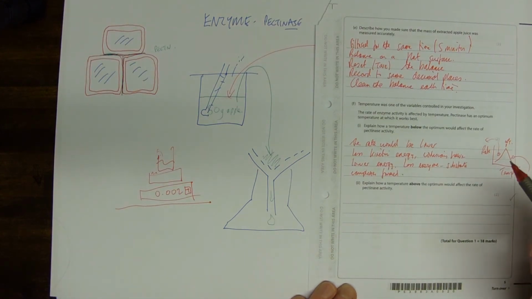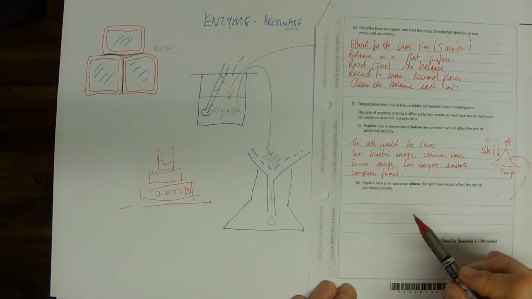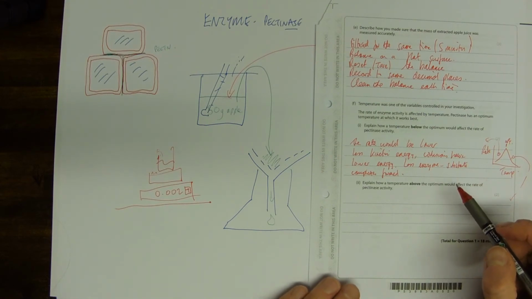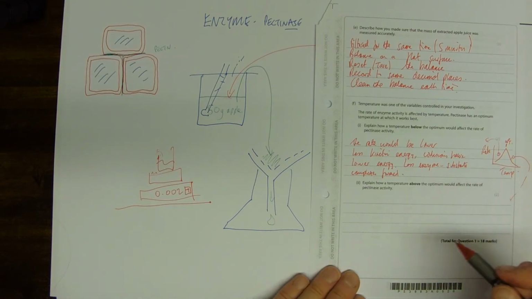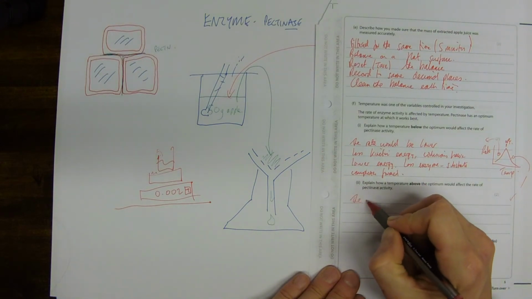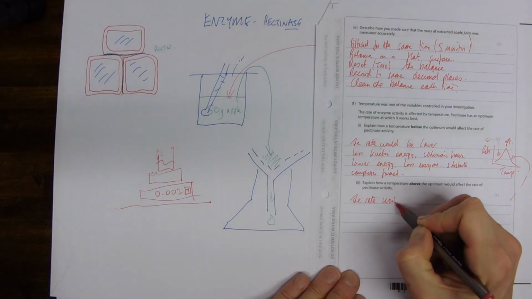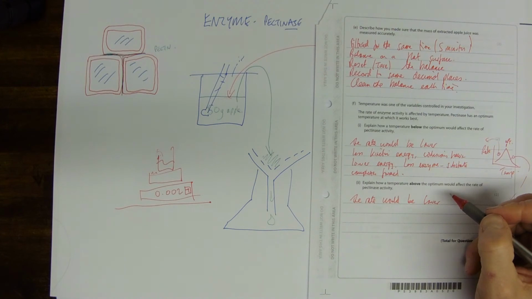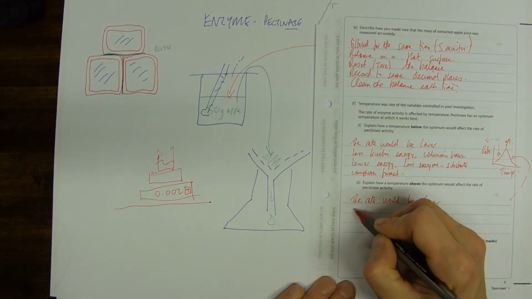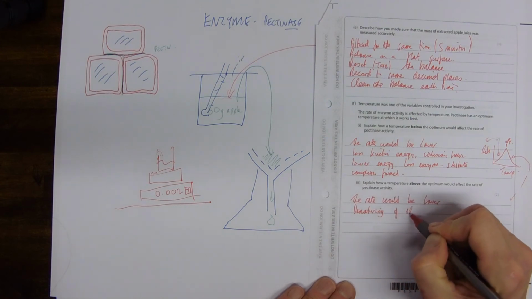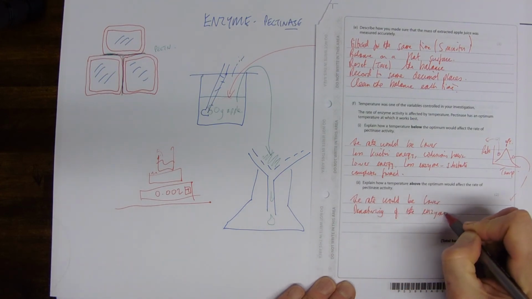So a bit of biology theory there, and then above the optimum, what's going on there? Again, just more classic biology. So the rate would be lower. We can talk about denaturing of the enzyme.